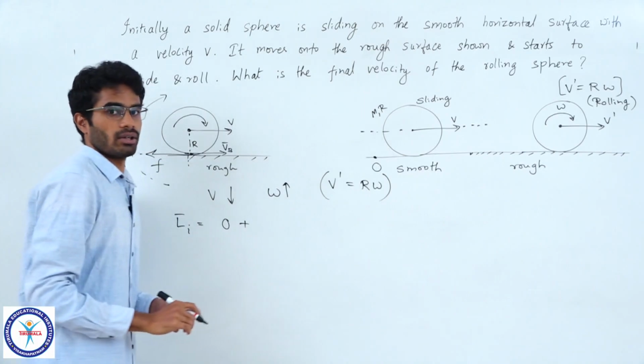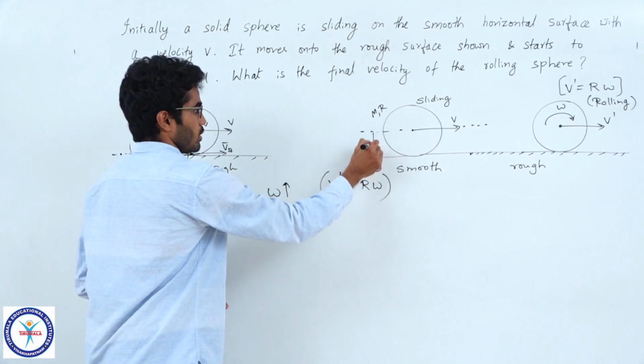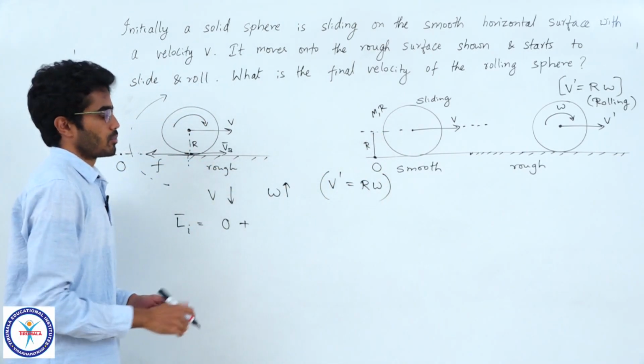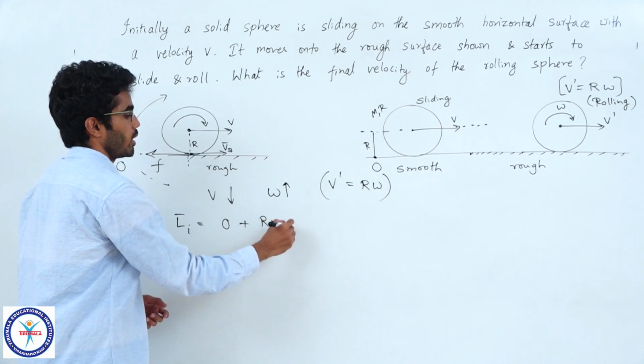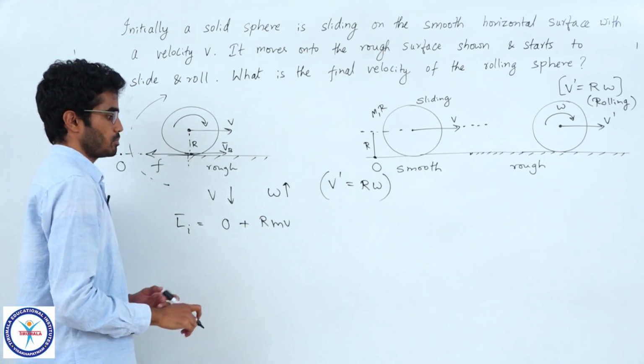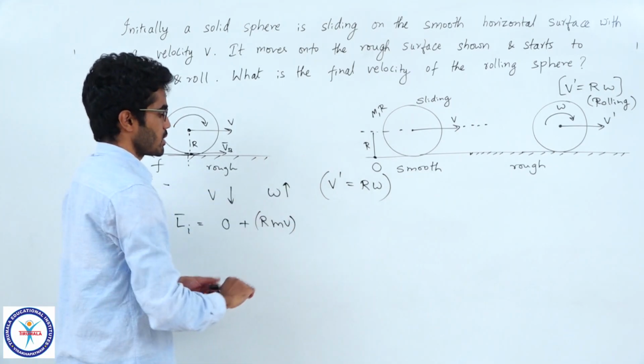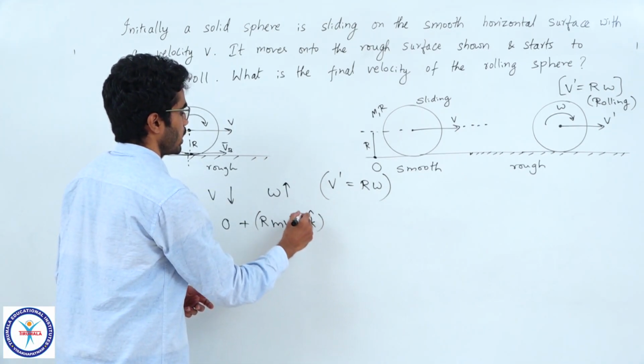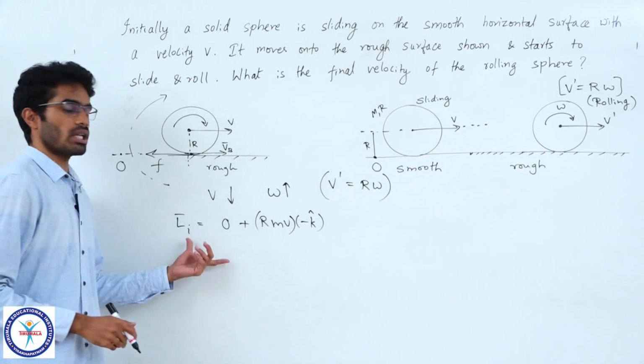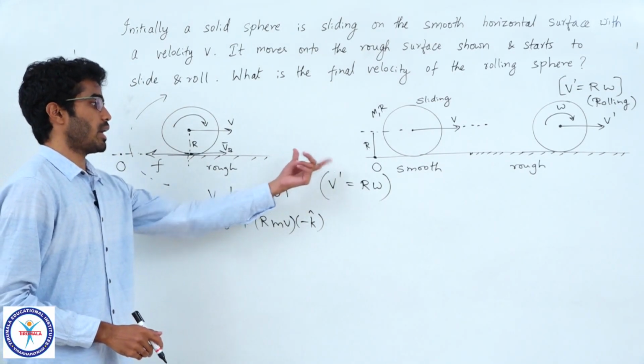We have already calculated this as r into m v. We have seen this in the earlier case, but clockwise sense. So, this will be minus k cap. So, this is the initial angular momentum of the object about O.